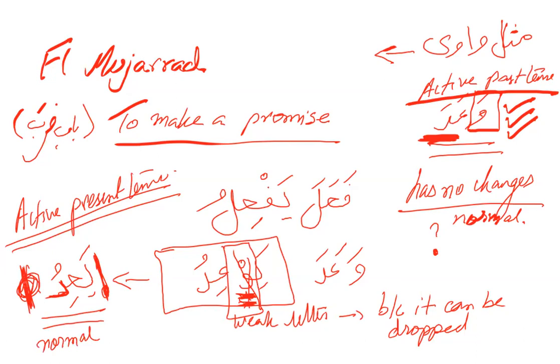So the active past tense has no changes at all. In the active present tense, only the wow, the weak letter, is dropped. Okay, you can write these points to remember. Is this clear? Yes, thank you.